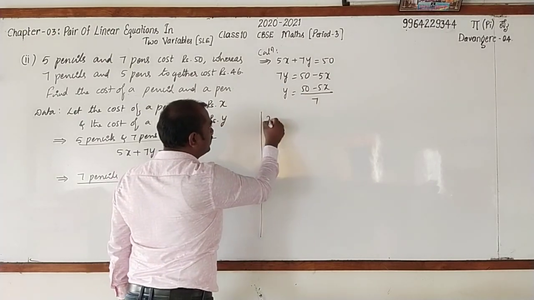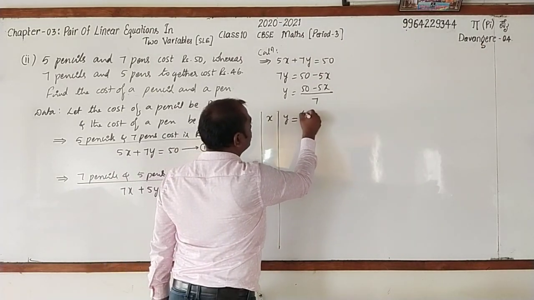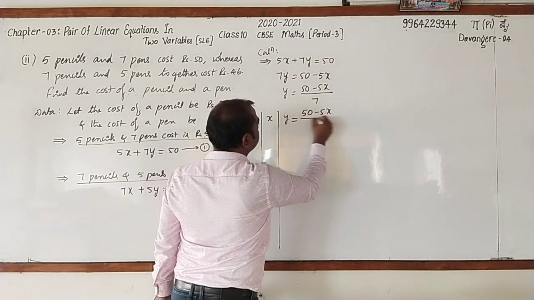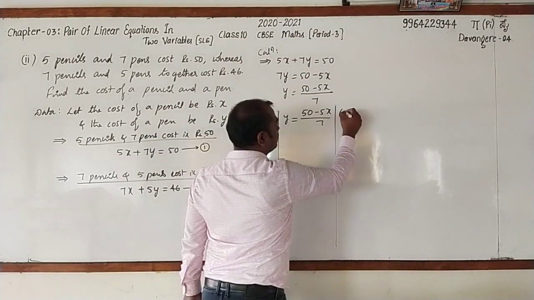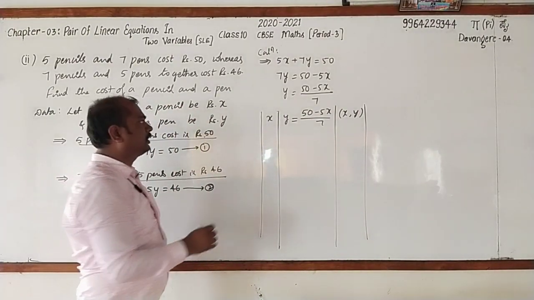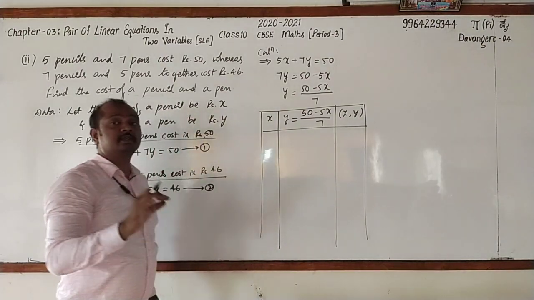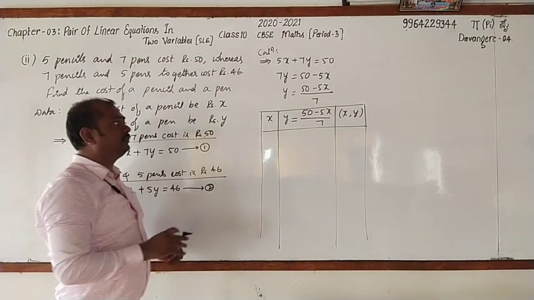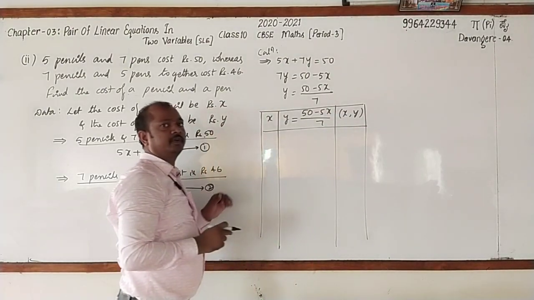First column for x, second column for the equation y equal to (50 minus 5x) by 7, and third column for x comma y. Dear students, you can see that the equation is in fraction form. Hence we can use the trial and error method to choose the value of x.